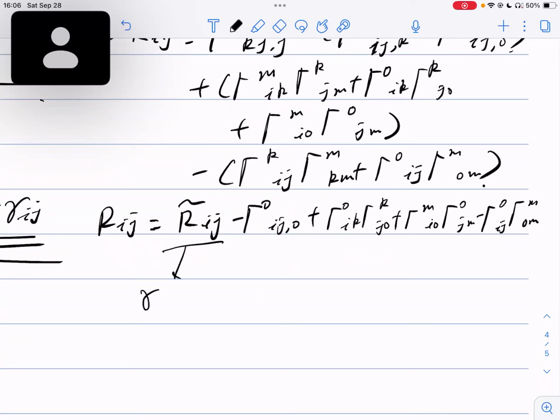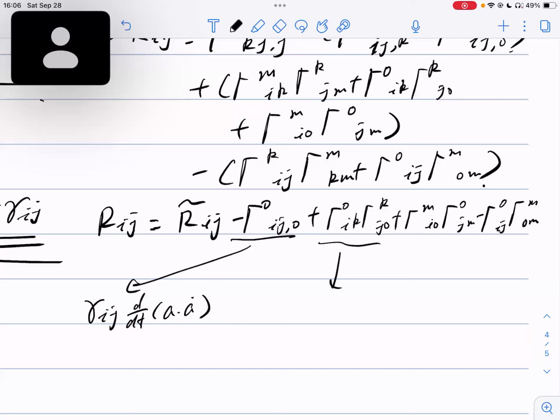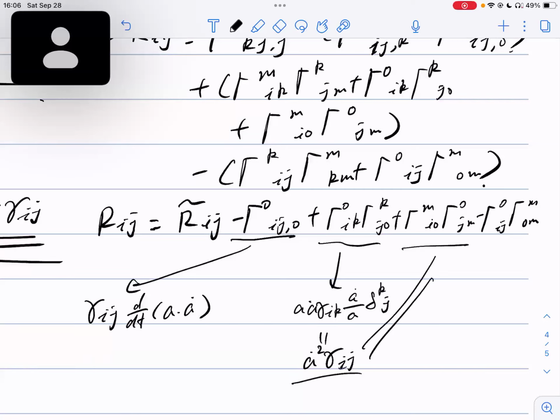This one we have obtained, gamma ij. This one is just gamma ij times d/dt of a times a dot. And this one, write down the expression of the Christoffel symbol, gamma k, a dot over a, delta kj. So it equals a dot square, gamma ij. And this one is just the interchange of i and j, so it always equals this term.